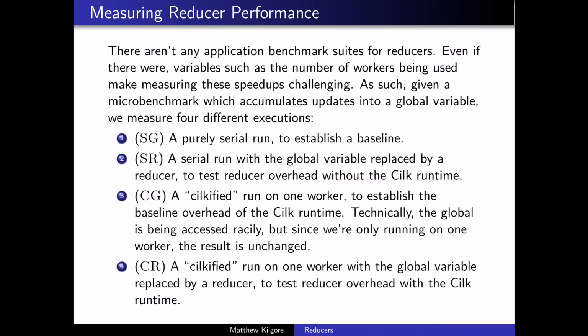And then finally, we have the full Cilk reducer version, which is the same thing as the Cilk global, but with the global replaced by a reducer. This is to test the full overhead with the Cilk runtime running.